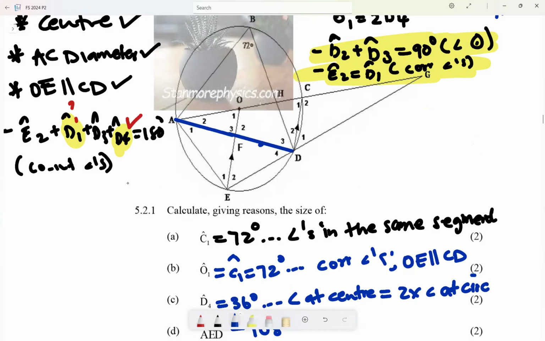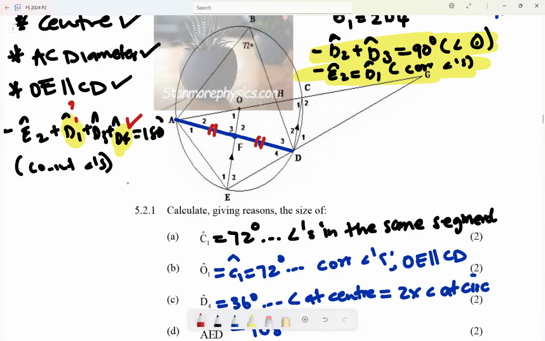I'm trying to prove that this line and this line are equal. The only time I can prove that is if I can prove that this angle is 90. If I can prove that F3 is 90, I'm done. I can do that easily. Okay, let me try to do that.